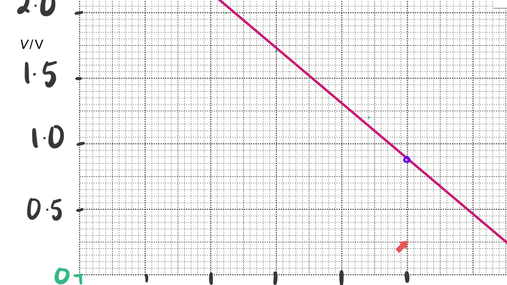Right, so this is 1, and this one would be 0.75.